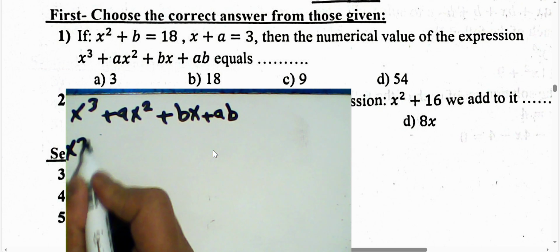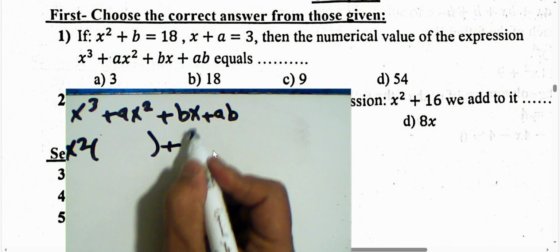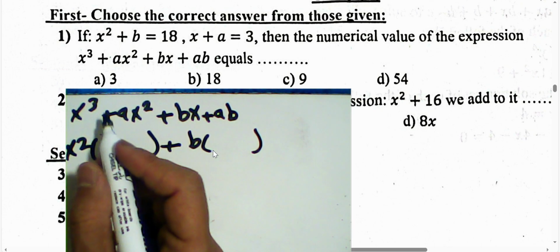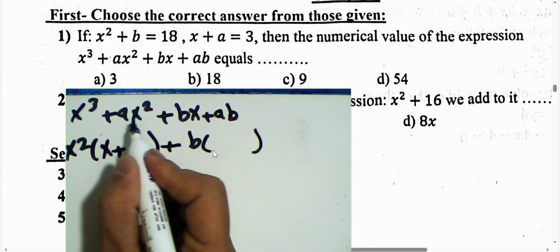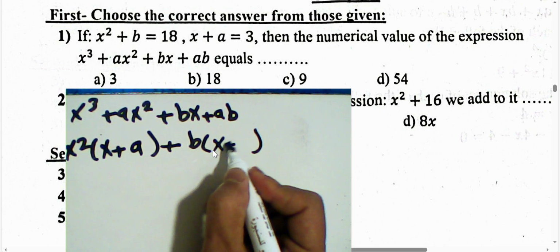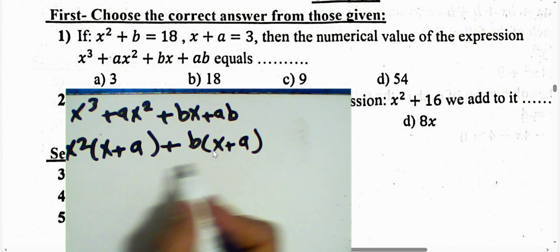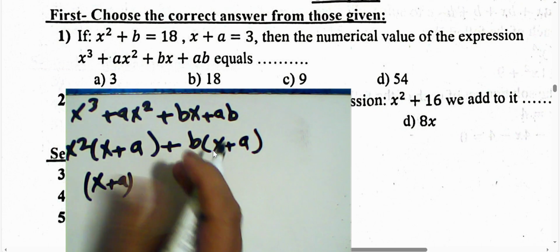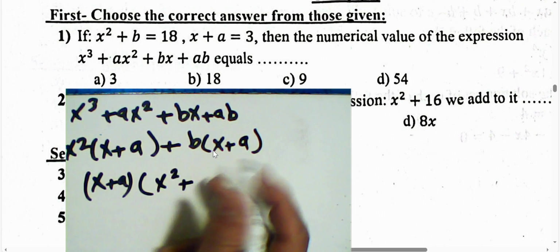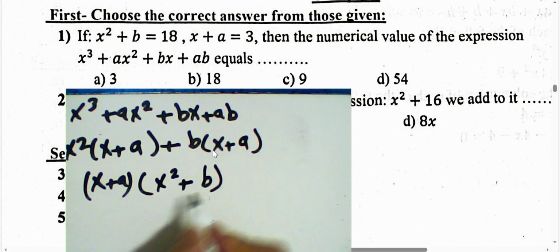We can write x^2 as a common factor between two terms, and write b as a common factor between the other two terms. x^3 divided by x^2 is x, and ax^2 divided by x^2 is a. bx divided by b equals x, and ab divided by b equals a. We can write (x + a) as a common factor between the two expressions.